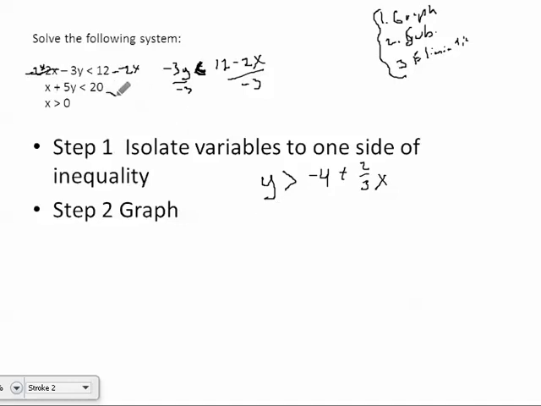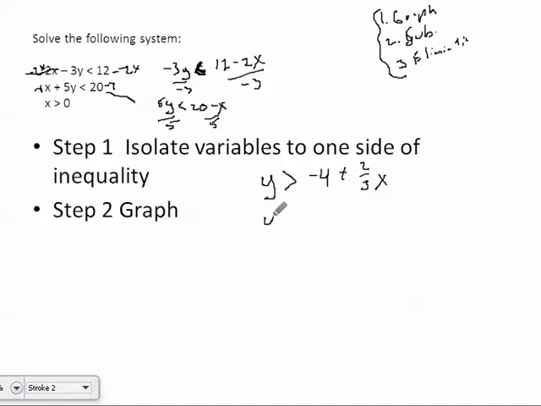Well, let's look at this one. If I take this one and solve it down, x is on one side, y is on the other side. I'm going to subtract the x from both sides, and I'm going to get 5y is less than 20 minus x. I'm going to divide by the 5. It's a positive number, so it's not going to change the sign any there.